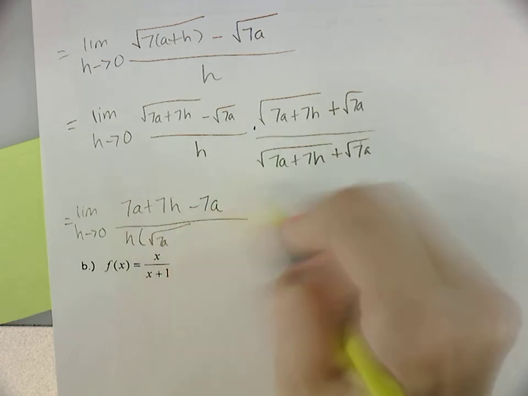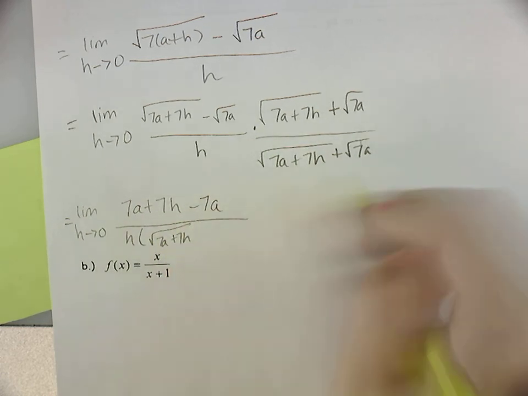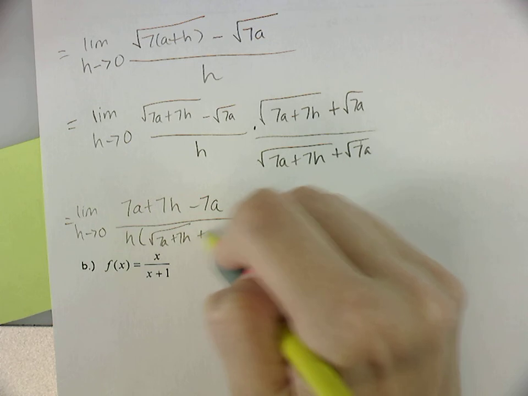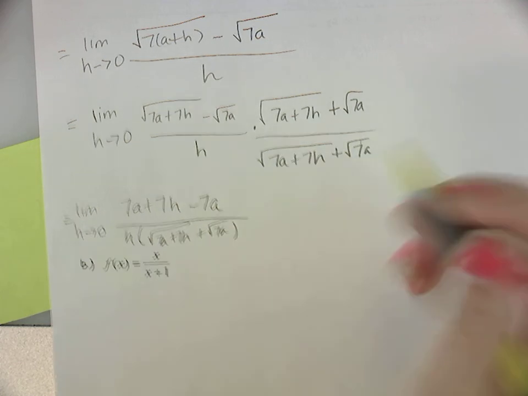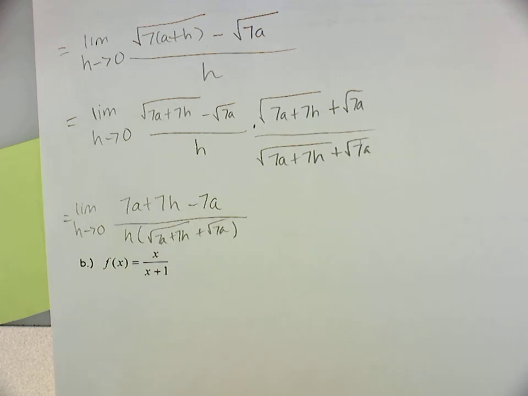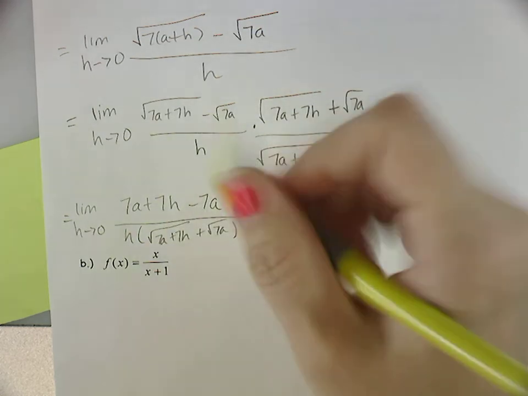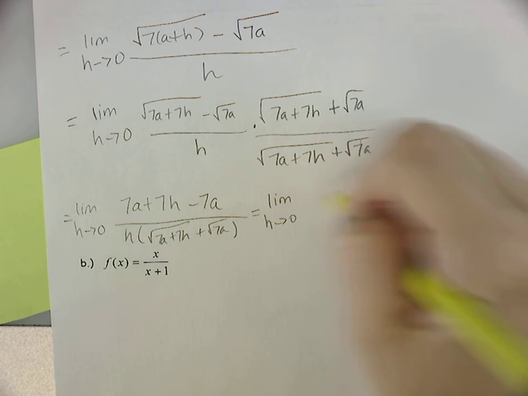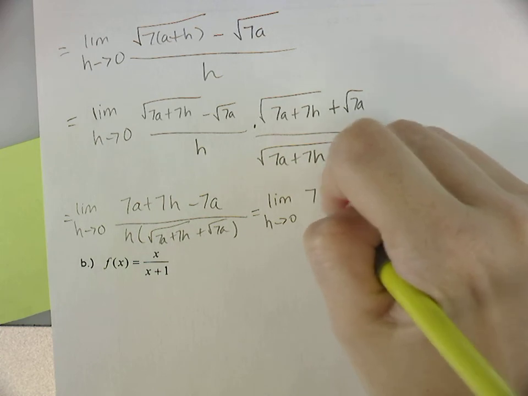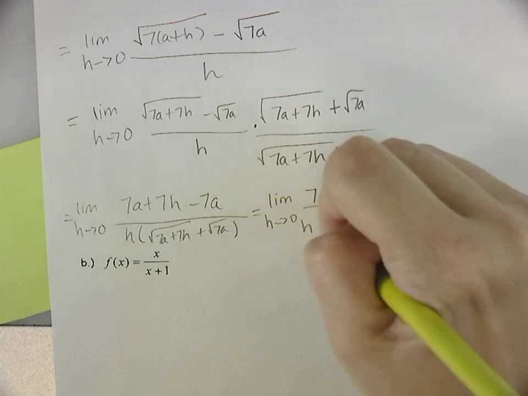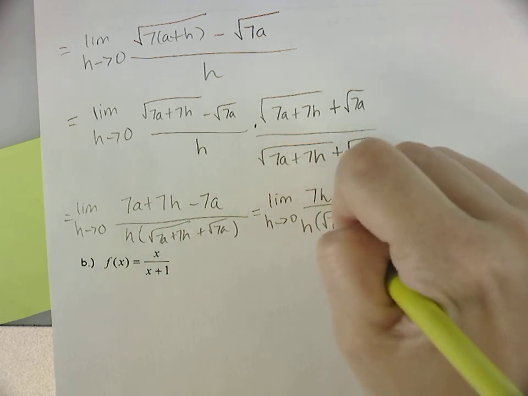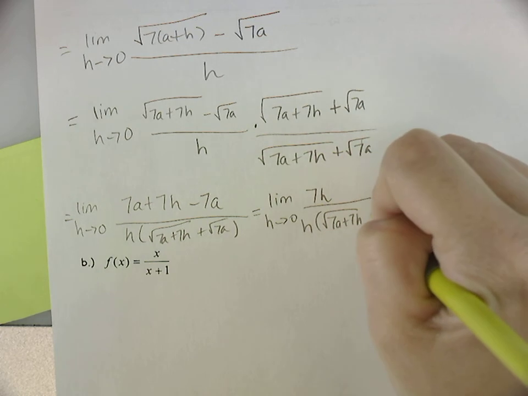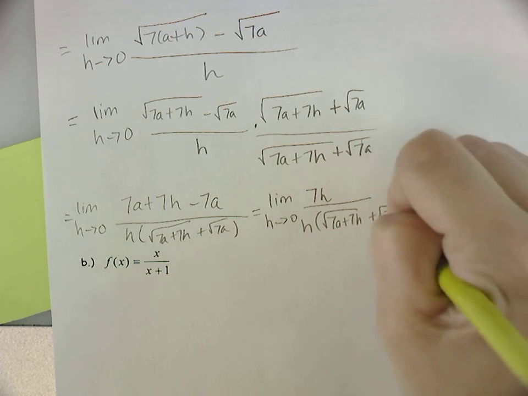So don't forget that this part is still in the denominator. Okay, so now we can clean this up. See what happens? We have 7a minus 7a. So we're just going to have the limit as h goes to 0 of 7h on the top. So then what's going to happen next? That's right, your h's are going to cancel out.